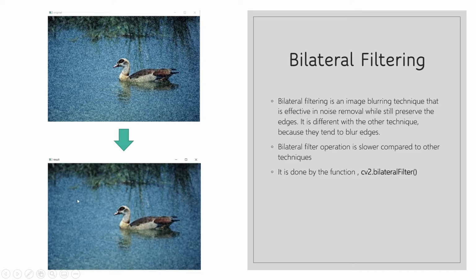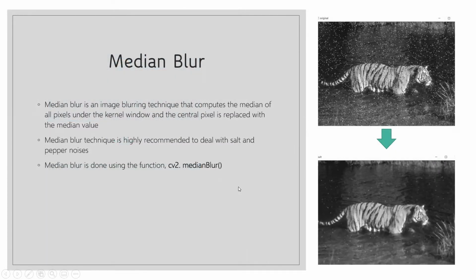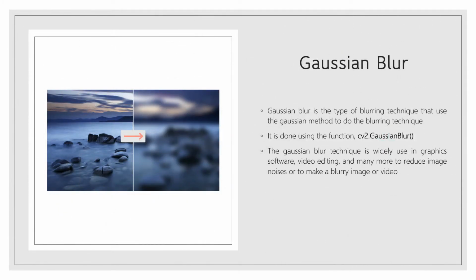As you can see here, the noise becomes a little bit smoother than before, but the edges right here, for example in the dark area, are still in good condition, not really blurred, because with the other techniques the edges become quite blurred, just like here.